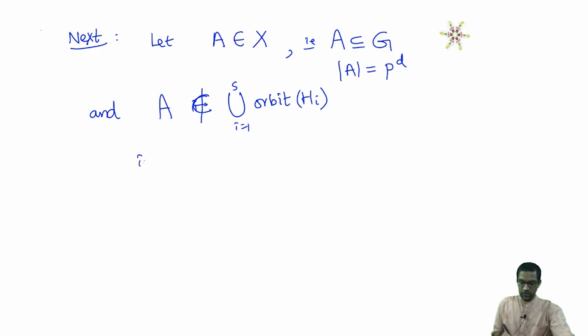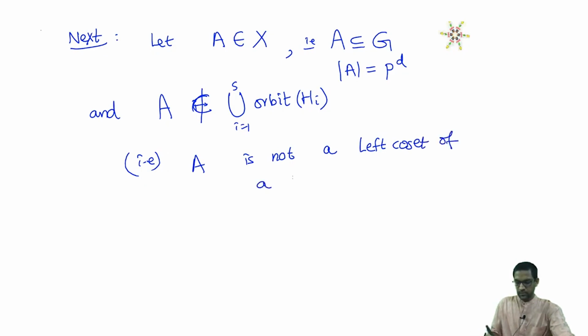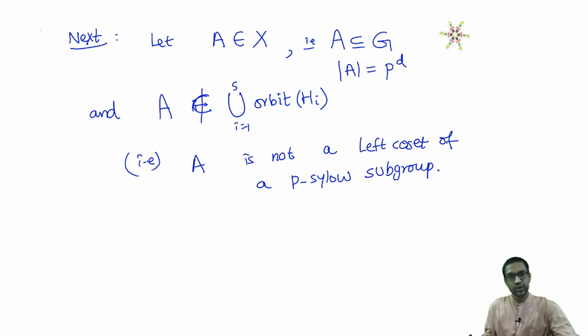What does that mean? It means A is not a left coset of a p Sylow subgroup. This is now my assumption on A, that it's not a left coset of a p Sylow subgroup.